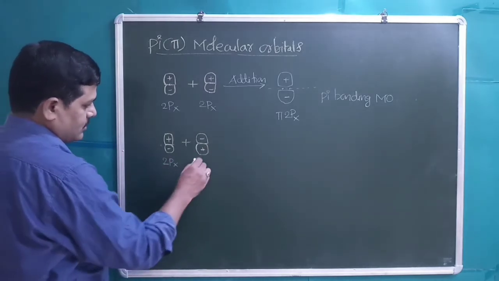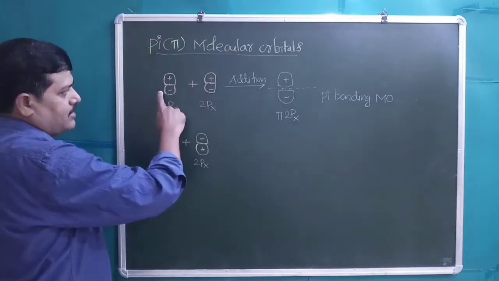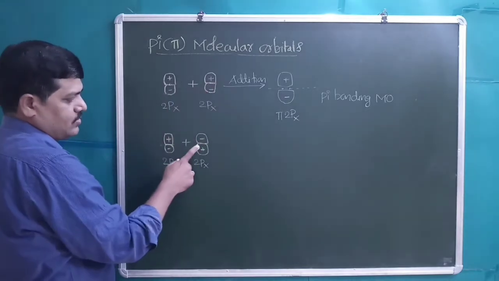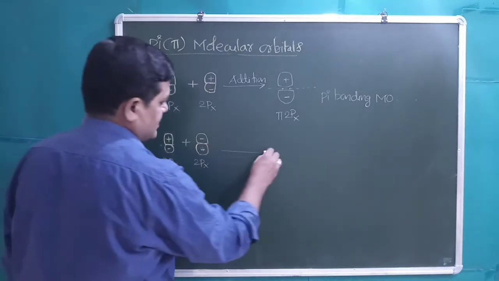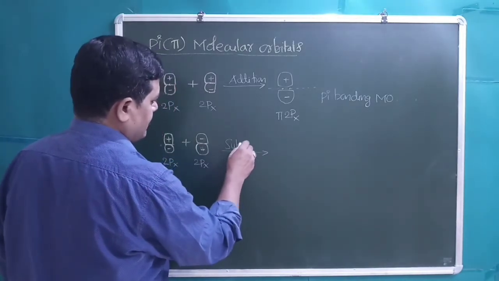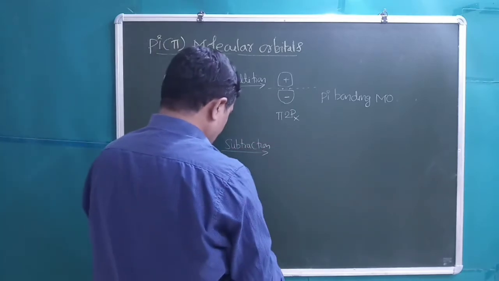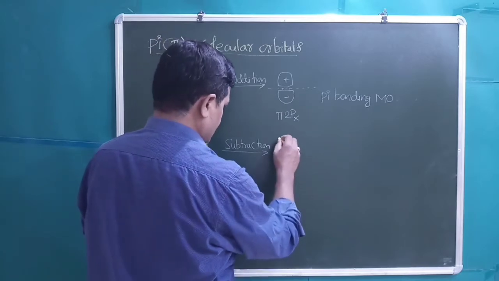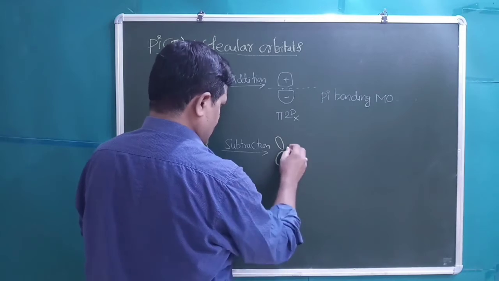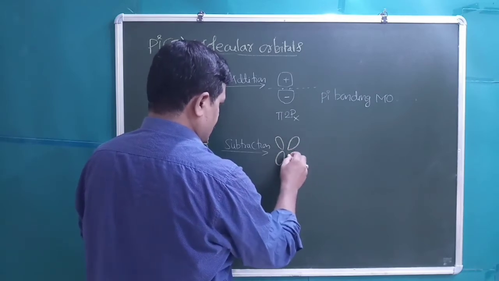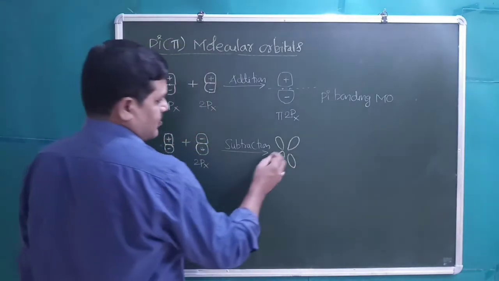Earlier, positive lobe overlapped with positive and negative with negative. Now a positive lobe overlaps with a negative lobe, which is called destructive overlapping, or subtraction. It will form two nodes now.